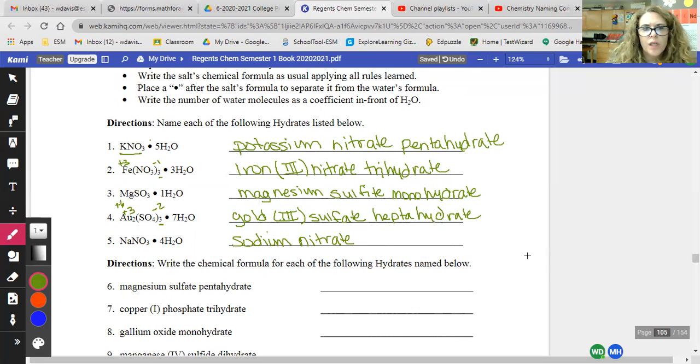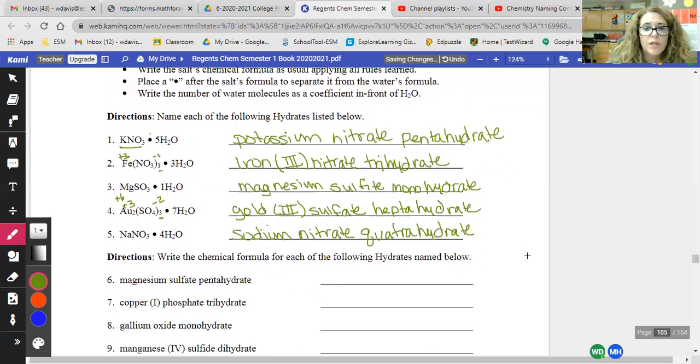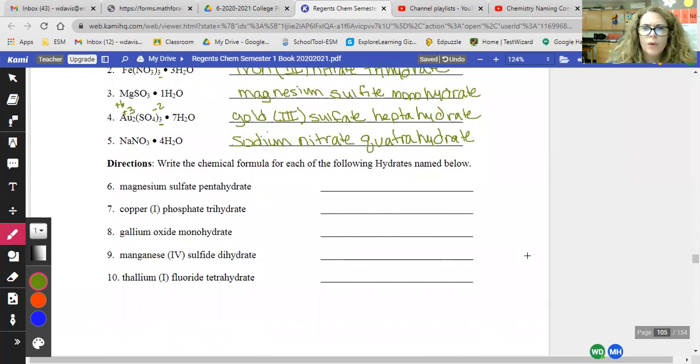And then 4, I believe, is quadrahydrate. We have mono, di, tri, and then I think that's quadrahydrate. I could be wrong, or is it tetra? I want to double check, because sometimes I second guess myself, so I just want to make sure I double check on our hydrates.